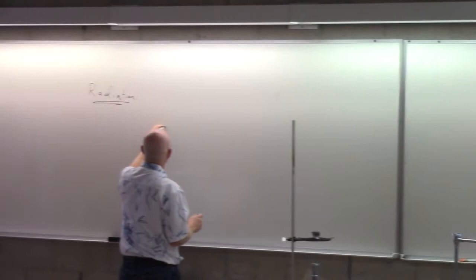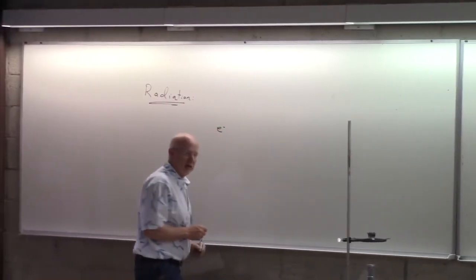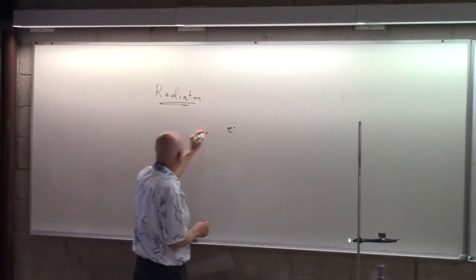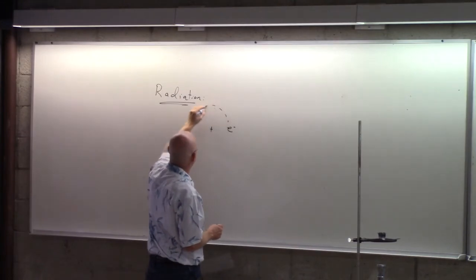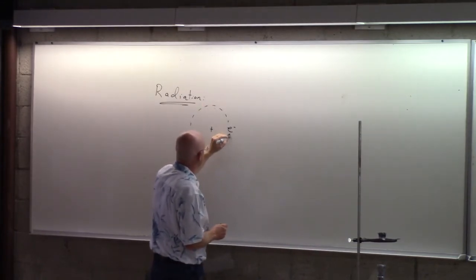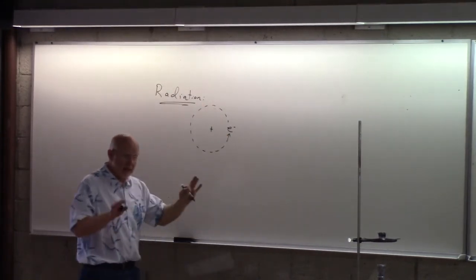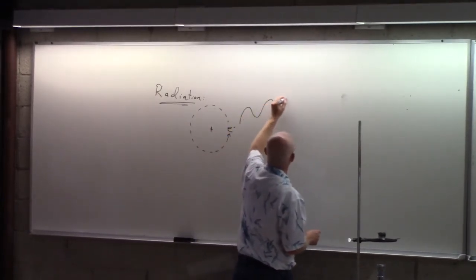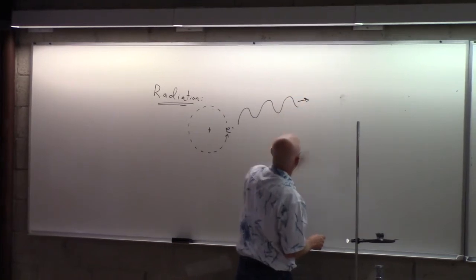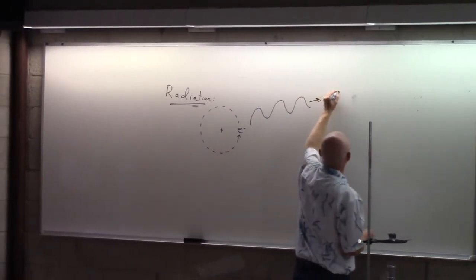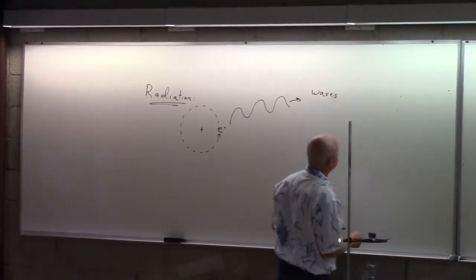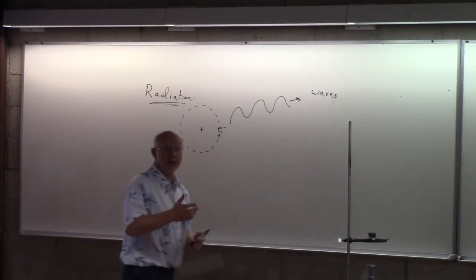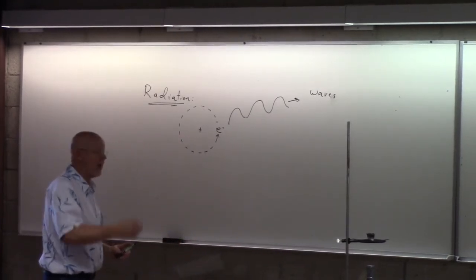We're going to learn that if you have a charge, and I'll just say, here's a little electron from my atom, and maybe here is a little proton from the nucleus of my atom. And as they bounce around, they're going to give off waves of energy. This is our next topic, to talk about, well, what is a wave?